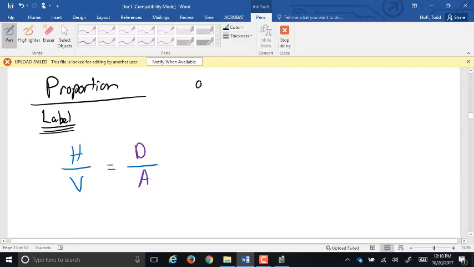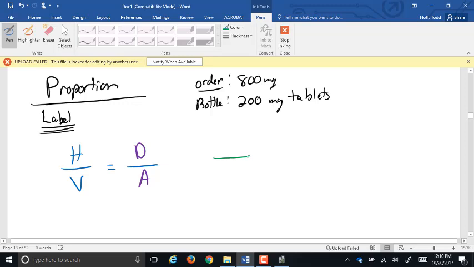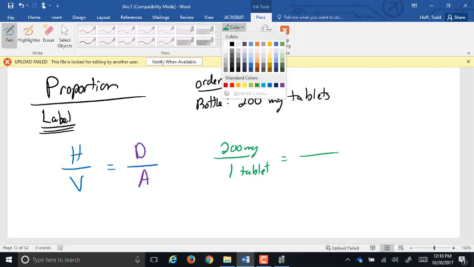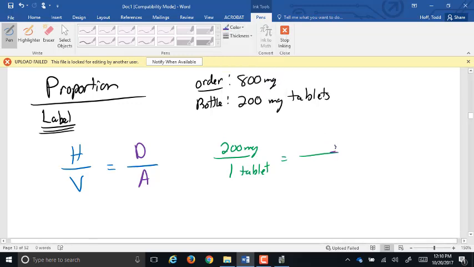So let's do these examples. Again, let's say the order is 800 milligrams. The label on the bottle is 200 milligram tablets. So H over V would be 200 milligrams over 1 tablet. Now on the other side, it's real easy to figure out what goes in here because whatever goes here has to be in milligrams, doesn't it?